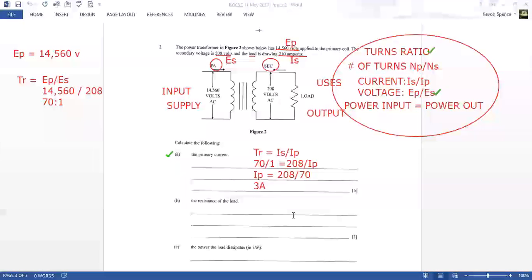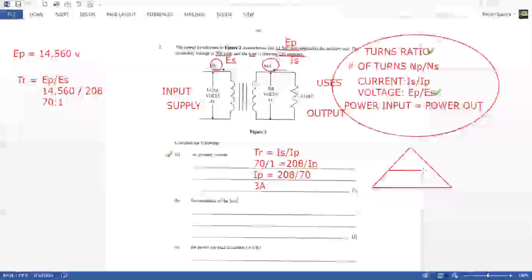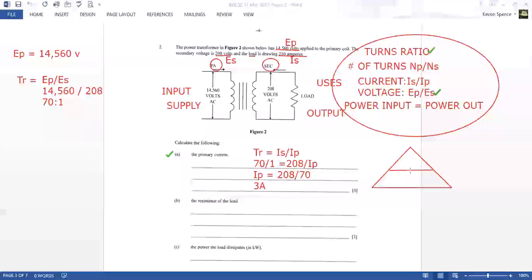The next question asks the resistance of the load. Now, to find resistance, we have to go back to a formula that utilizes 2 quantities that we already have in this equation.